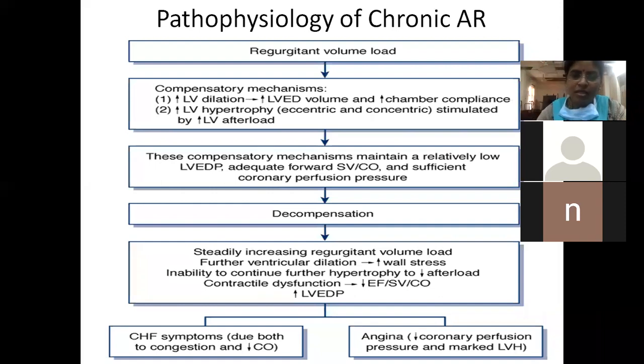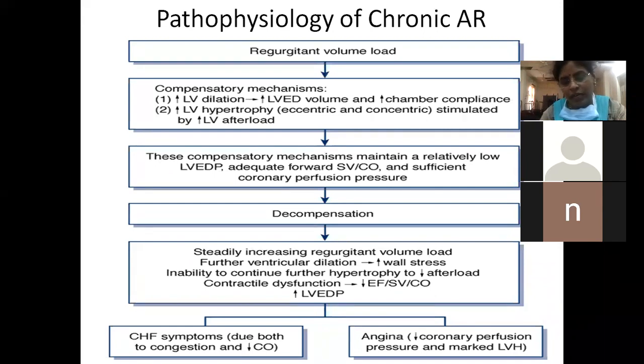So all the symptoms are mainly due to, one, congestive heart failure, because of left ventricular failure, and at the same time right heart failure. So both are due to congestion and decreased cardiac output. The congestion is the backward failure and the decreased cardiac output is the forward failure.